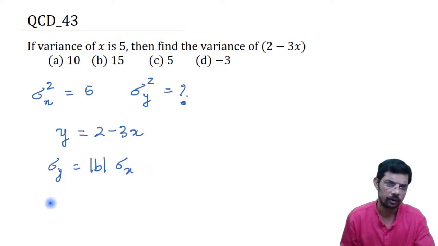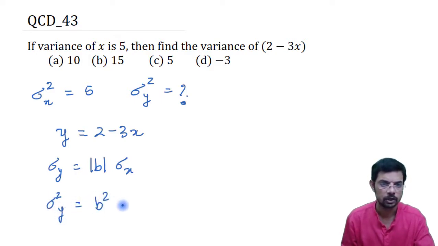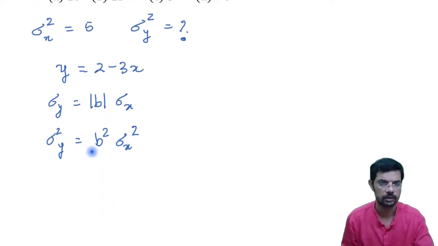What happens when we square on both sides? We have sigma square of y equal to b square into the variance of x. What is b? B is the coefficient of x, which is minus 3.